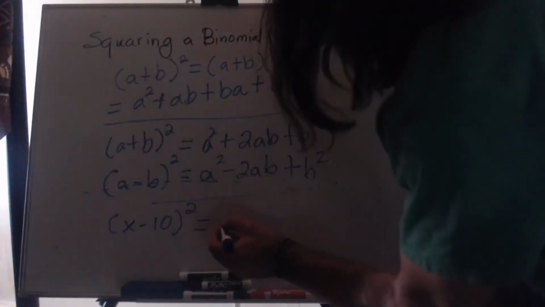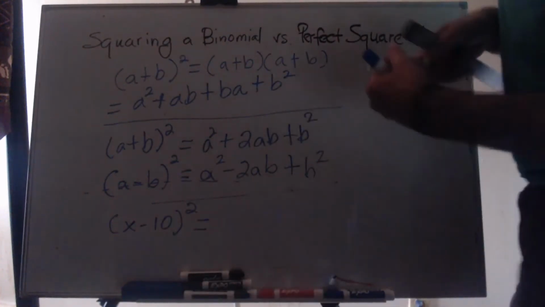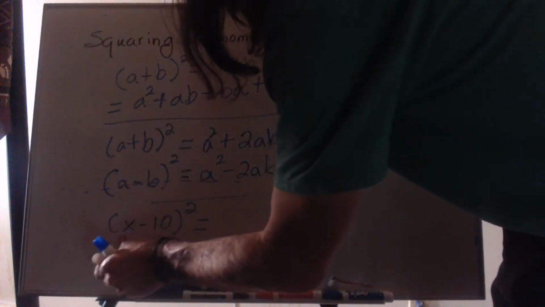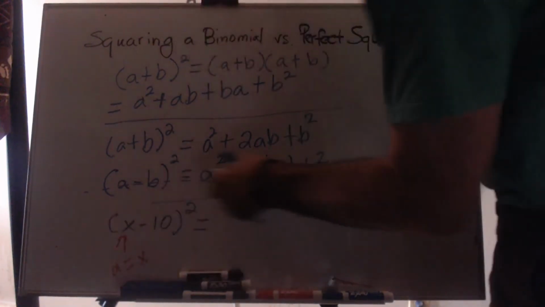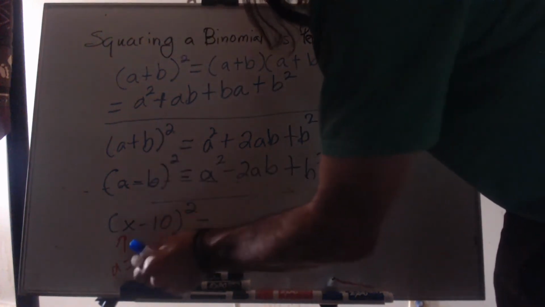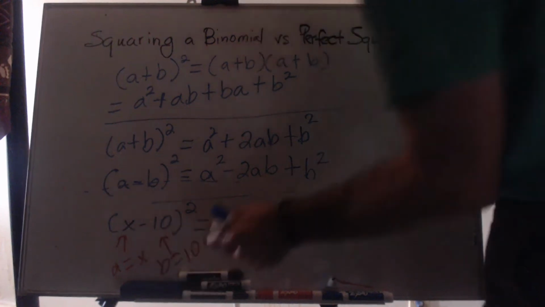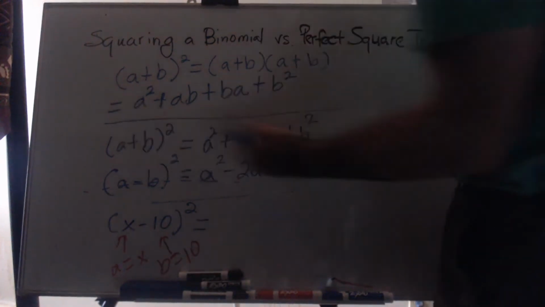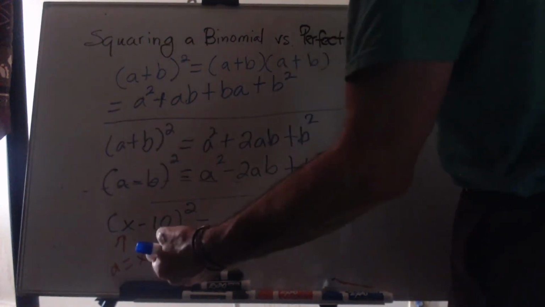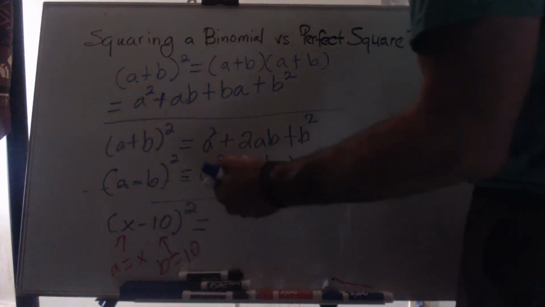That would be, A would be x, and B would be 10 in the second formula. Or you could even just use one formula, have A be x again in the first formula, and have B be negative 10 in that first formula.